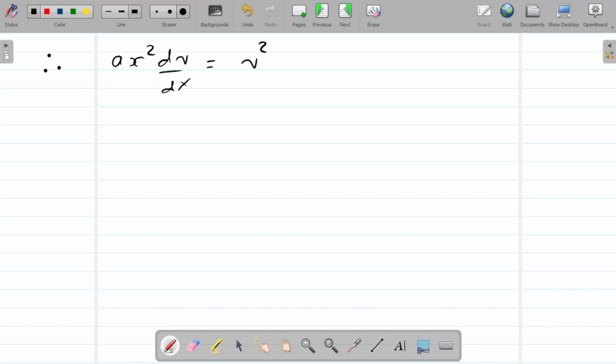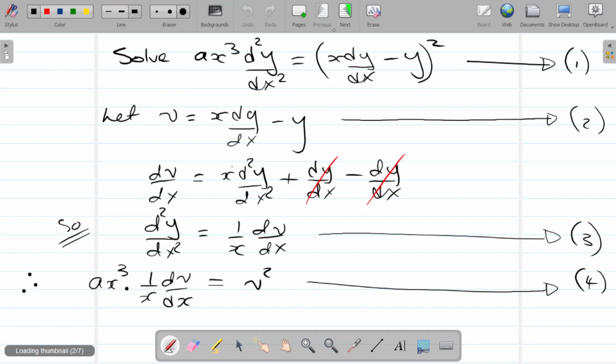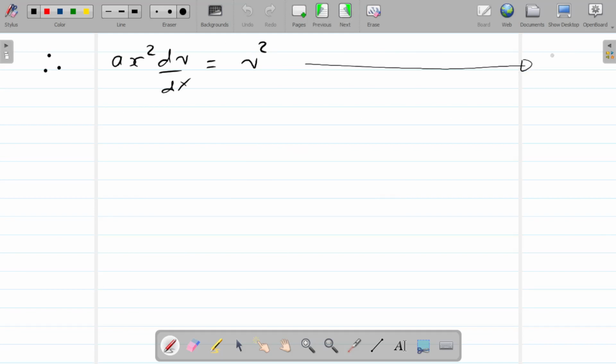It's almost the same equation as the previous one, but we'll call this equation 5.